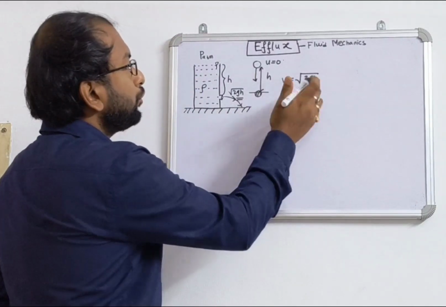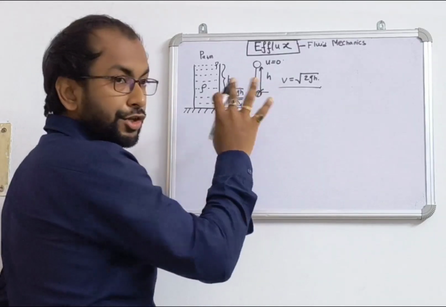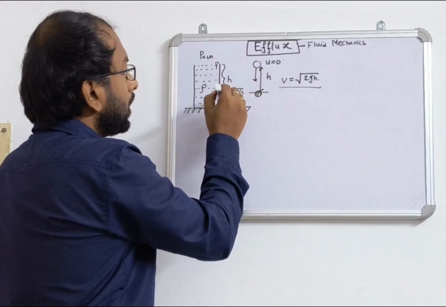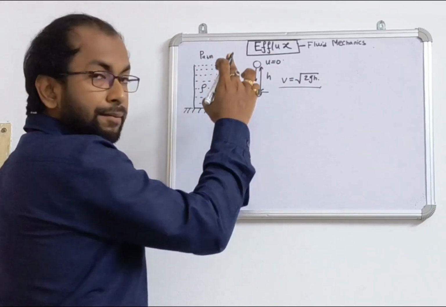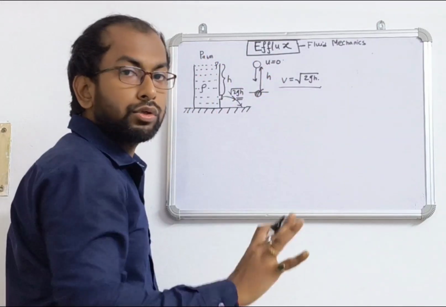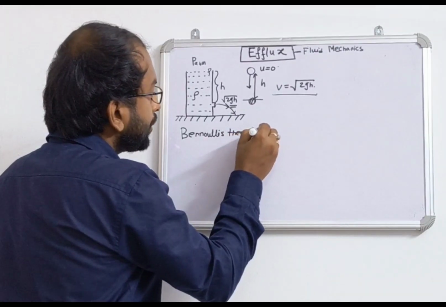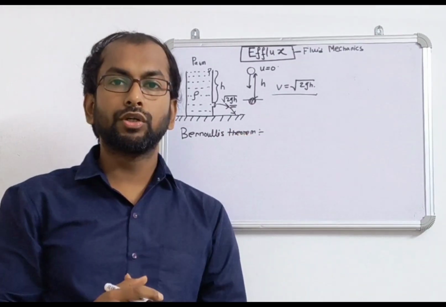So we'll try to prove this v equal to root over of 2gh, that is the velocity of efflux when a hole is there at a depth of h from the surface, that is the velocity of the liquid coming out from that hole. Now see, Bernoulli's theorem is nothing but the conservation of energy.